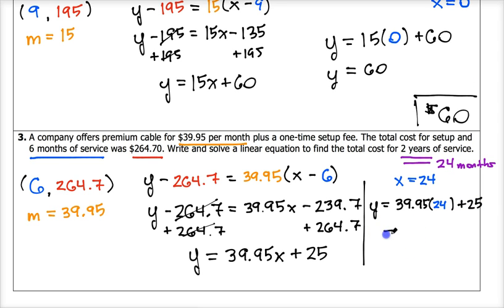So using my calculator to do all this, 39.95 times 24 plus 25, I end up getting 983.80. So that tells us that the total cost for 2 years or 24 months is $983.80.